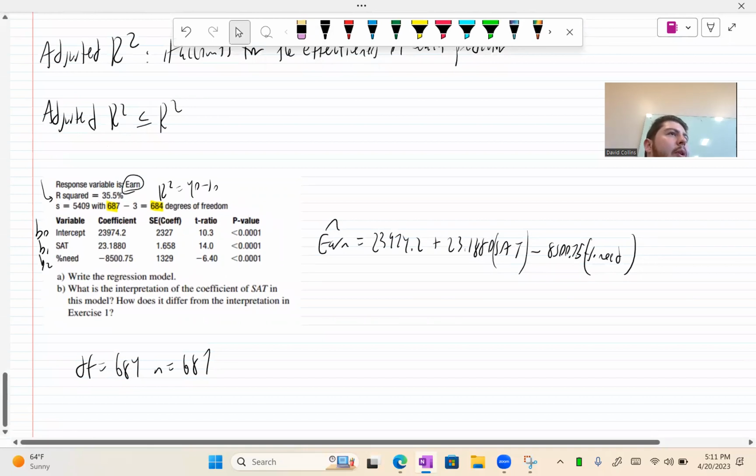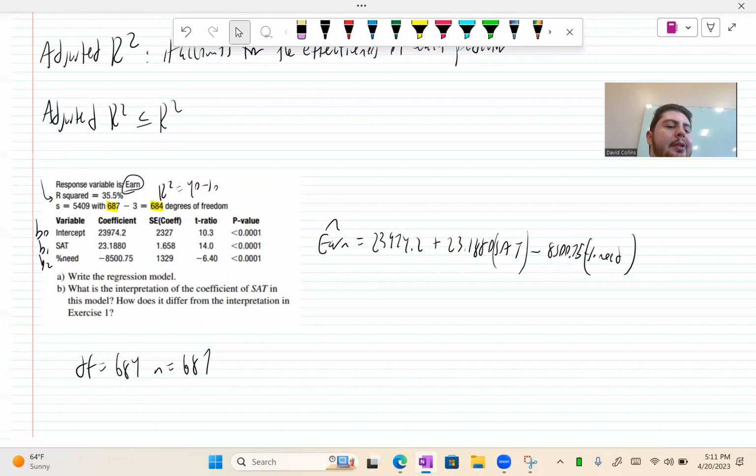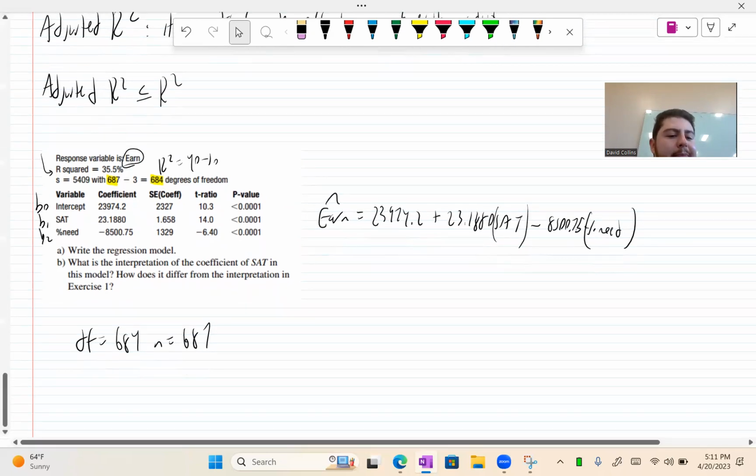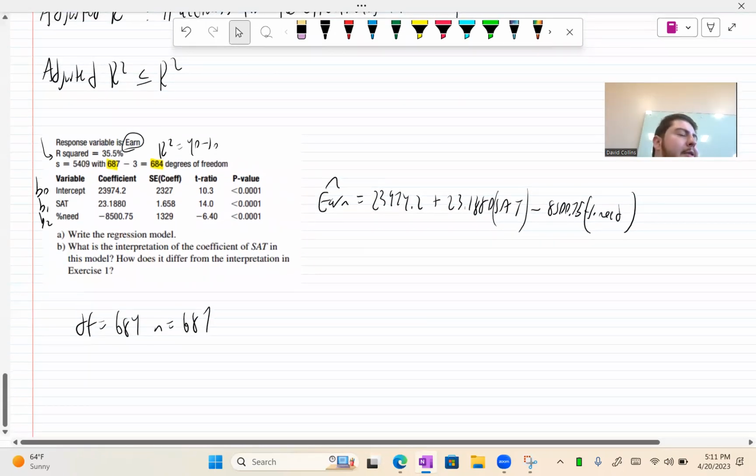But we don't use the true R squared once we have multiple predictors, we only talk about the adjusted R squared. The pure R squared is theoretical once we have multiple predictors. We just know that adjusted R squared is less than that. R squared is like an ideal that we're trying to hit.